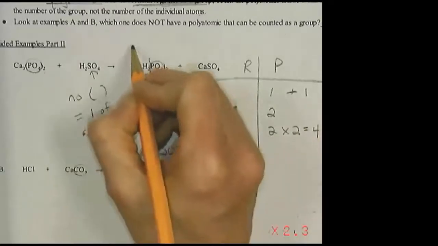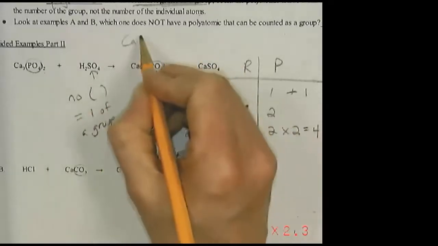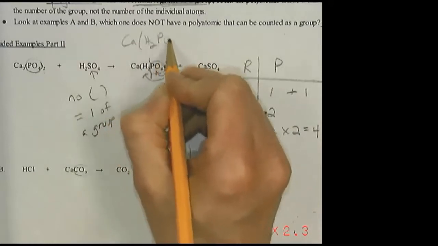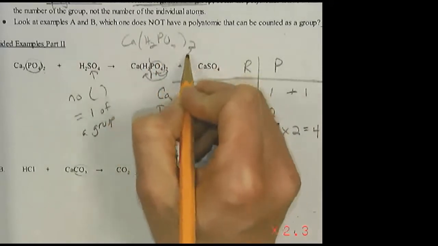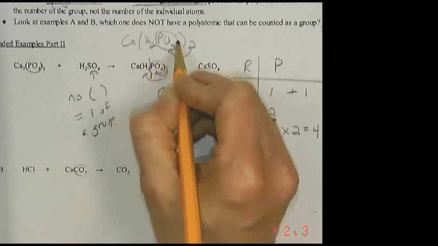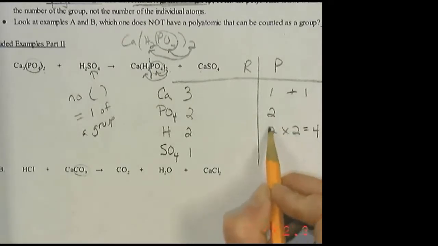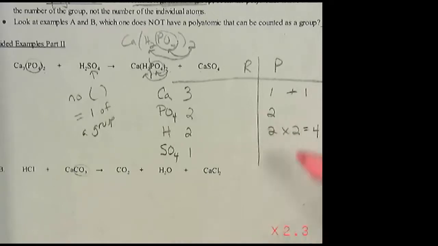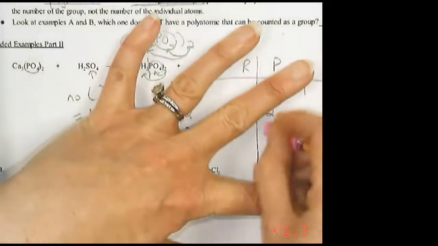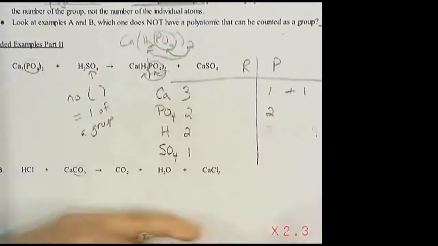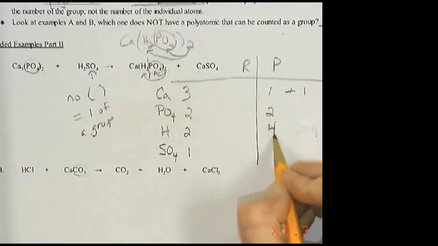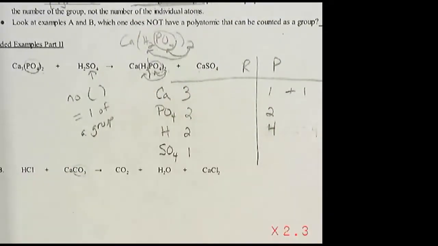So again, Ca H2PO4 taken twice, 2 distributes to this group and 2 distributes to that. So that's where this is coming from. Okay, so again, if you don't want to do 2 times 2, you can just start with writing 4, and that might be less confusing when you are looking at am I putting any coefficients in or not, but that's where that comes from, so that's why I wanted to put that out there.